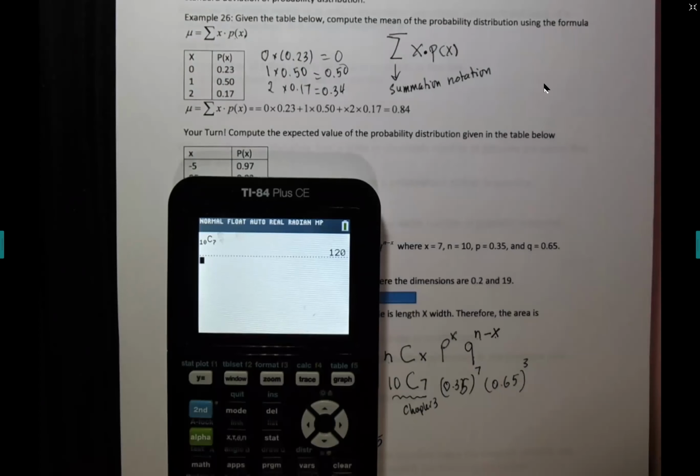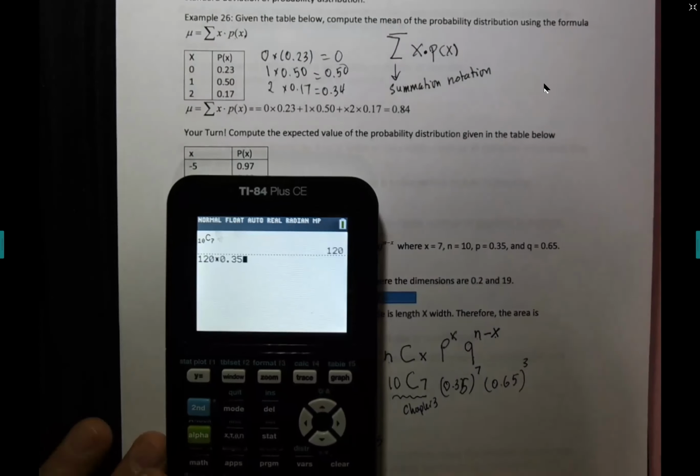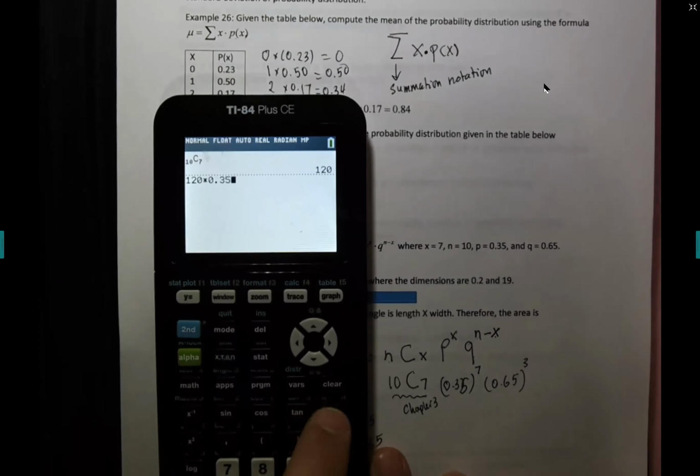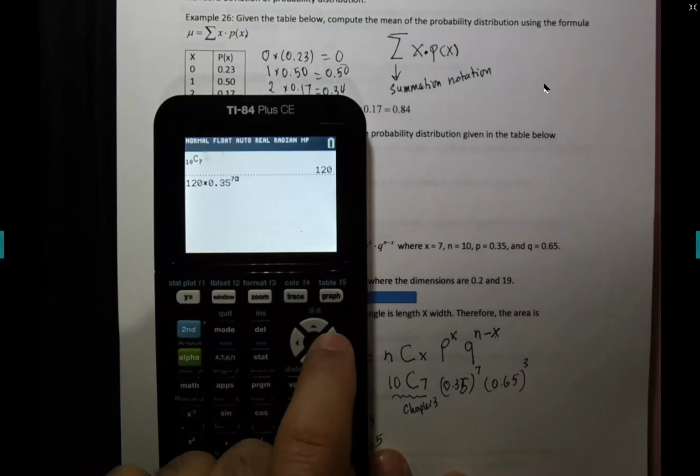Now the 120, guys, I have to multiply it. Watch. 120 times 0.35. Okay, let me show you where the power is right here. And put the 7. Now to exit from the power, look what you do. Just press here.